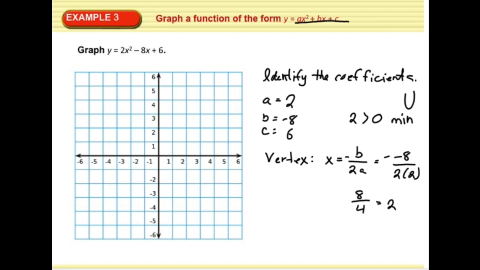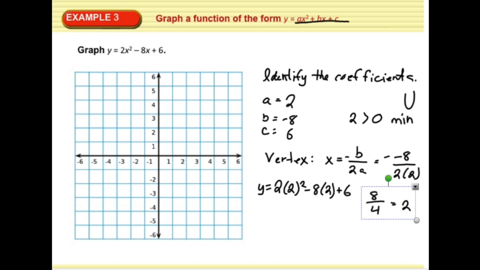But what's the y-coordinate? All I have to do is plug the x-coordinate into my original function, and I'll be able to solve for the y-coordinate. So y equals 2x squared minus 8x plus 6. I just plugged in the 2 that I found for x, and now I can solve.